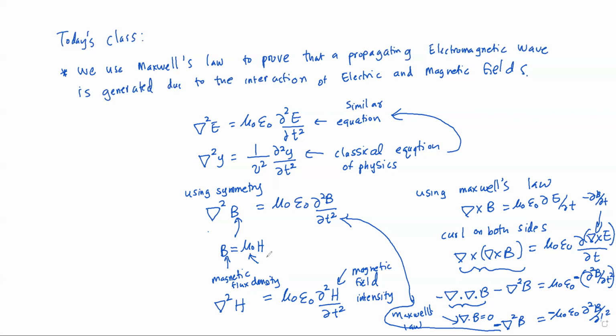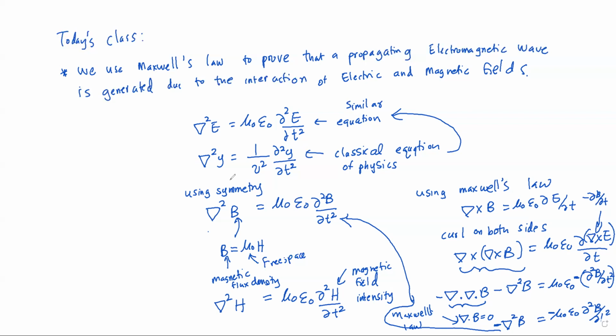I take mu naught considering that this is free space, so in most of the calculations I'm doing here, I'm assuming free space. But you can always add the effect of the medium by taking into consideration the relative permittivity and permeability parameters, and by using those parameters in this equation, you can convert it into an equation used for a certain medium.